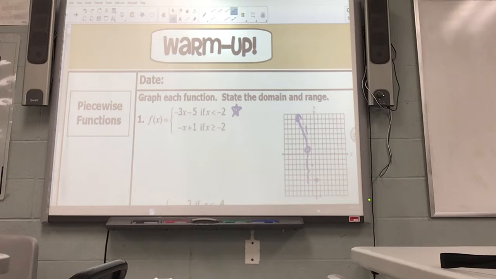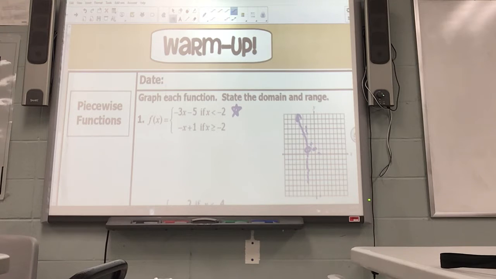All right. So you don't have to do this, but I am. I'm going to go ahead and erase those other dots that don't count because they didn't meet my rule. Now my second line here, it's got a y-intercept of 1. So back to the origin, up 1 and put a dot. And then its slope is -1, because that -x means -1x. So I could go down 1 and right 1, or I could go up 1 and left 1.